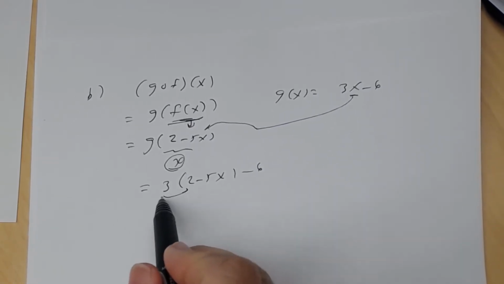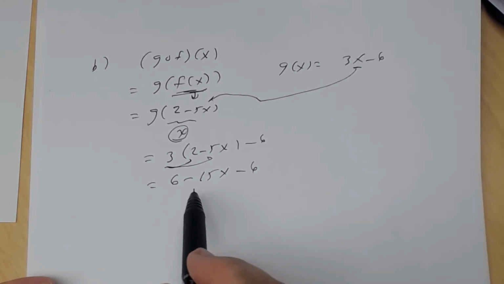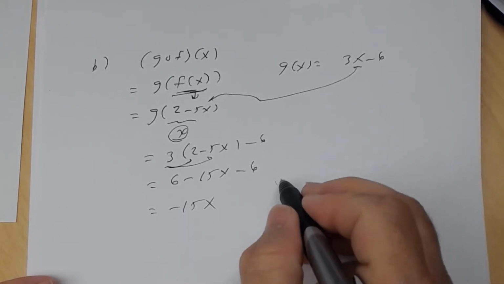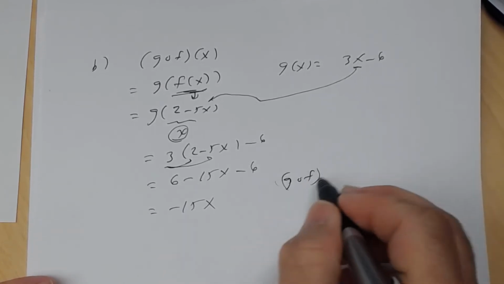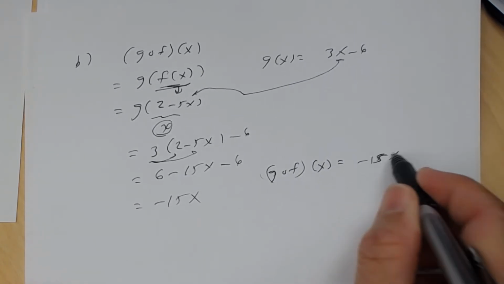Now you can distribute, and you get 6 minus 15x minus 6. 6 minus 6 is 0, so all you're left with is negative 15x. So g composed with f at x is equal to negative 15x.